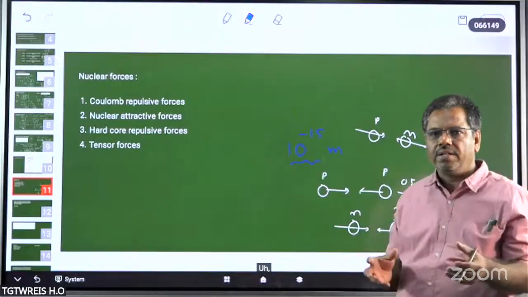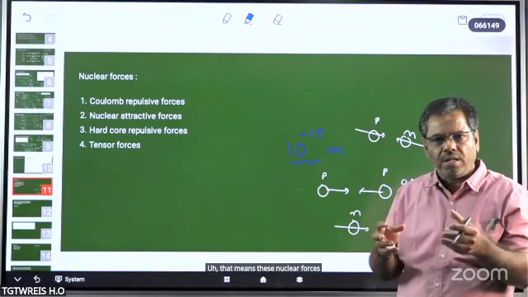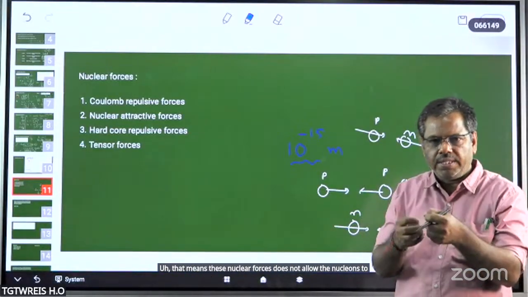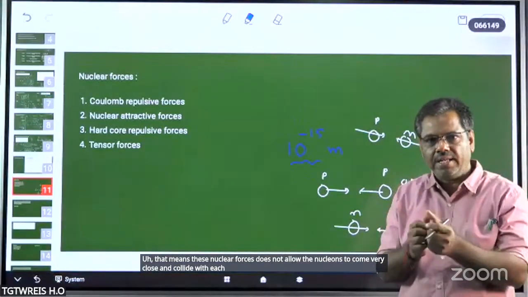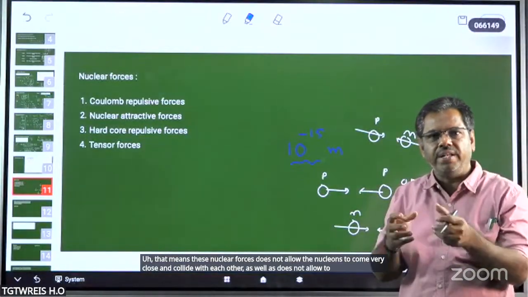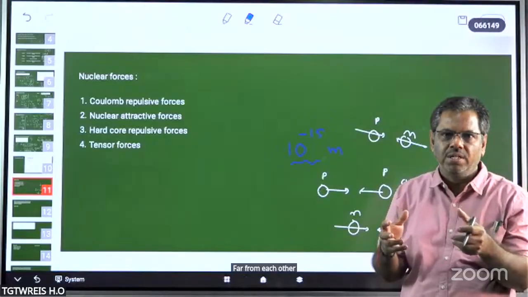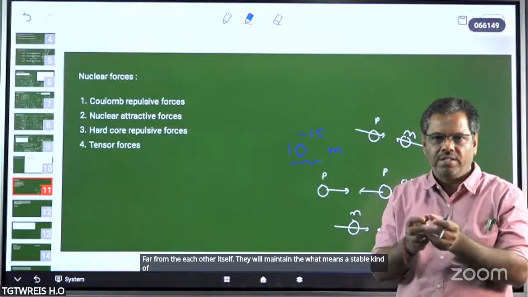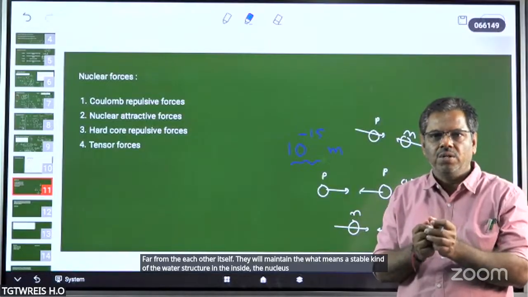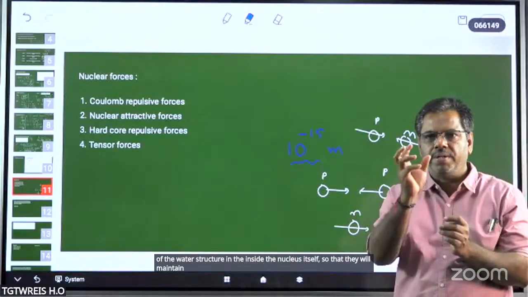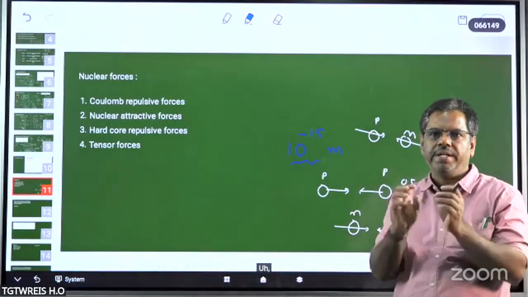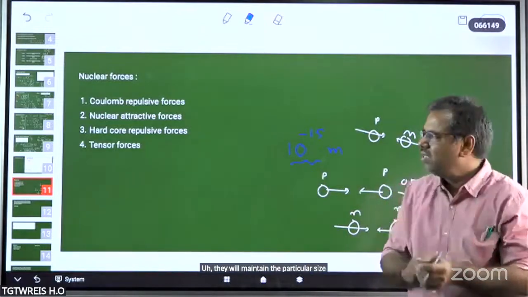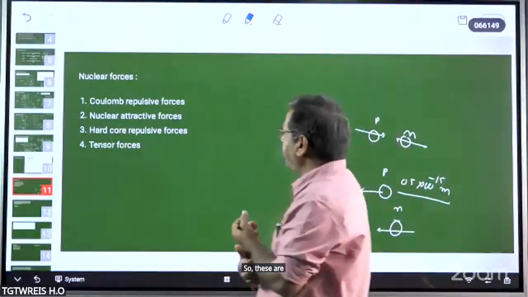So these nuclear forces do not allow the nucleons to come very close and collide with each other, and also do not allow them to move very far from each other. They maintain a stable structure inside the nucleus, so that it maintains a particular shape and size. These are very important nuclear forces.